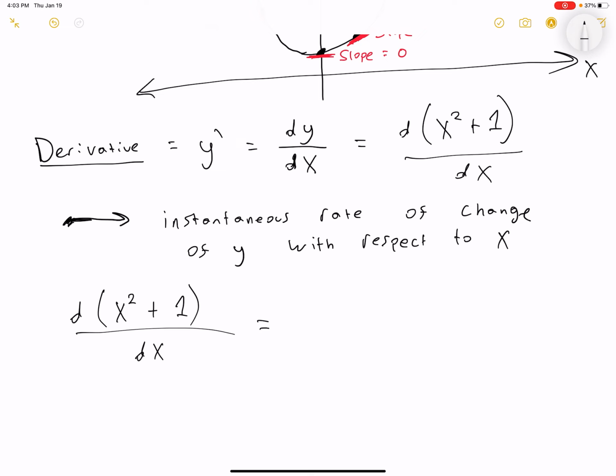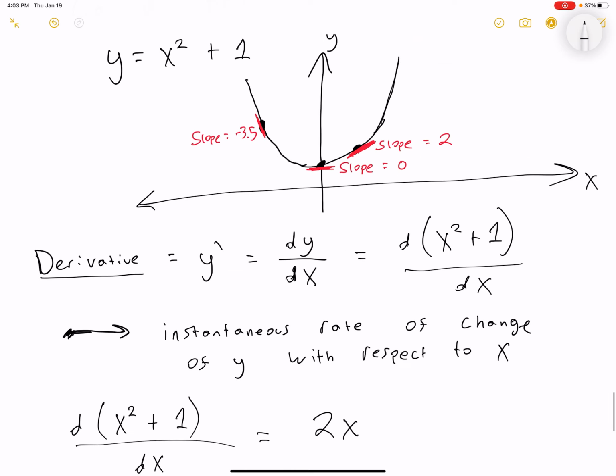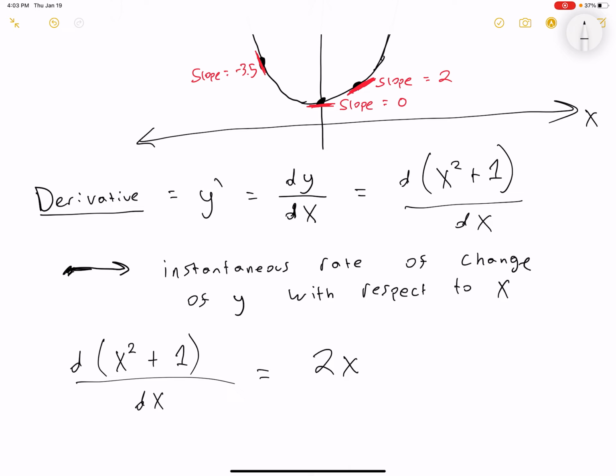But for example, there are derivative rules that tell us that the derivative of the function we drew is 2x, which means that the slope of the tangent line of our parabola given x will be 2x. So if we spot check this at x equals 0, the derivative gives us 0, so that checks out.